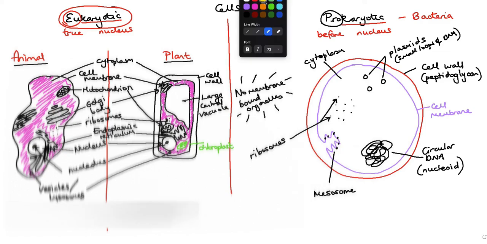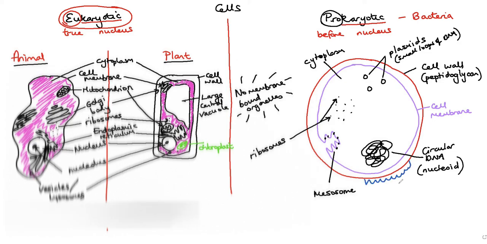You may find in some of these cells an extra layer around the outside called the capsule or slime layer. Sort of a mucousy layer around the outside. It might help it adhere to surfaces or to other cells. So that would go all the way around the outside of the cell.